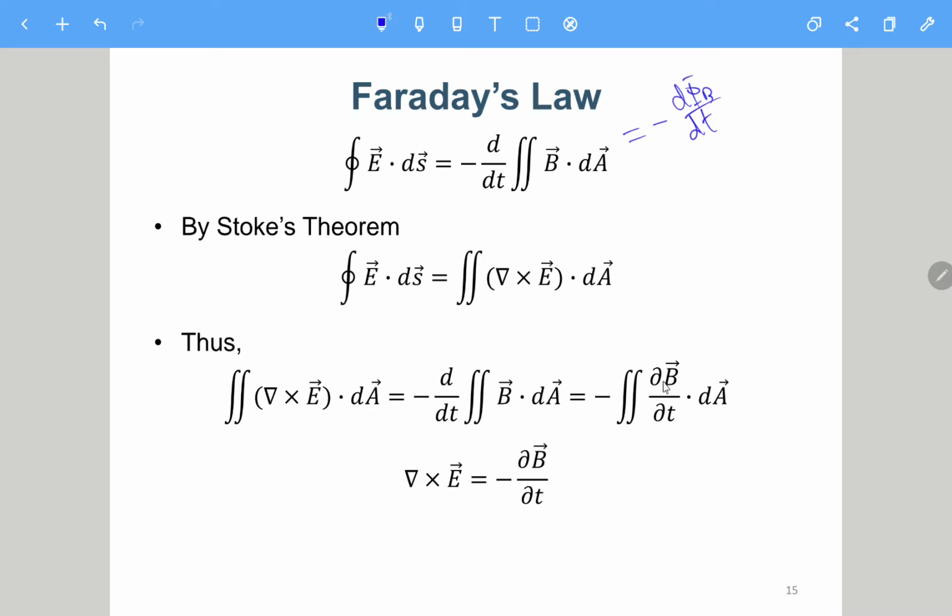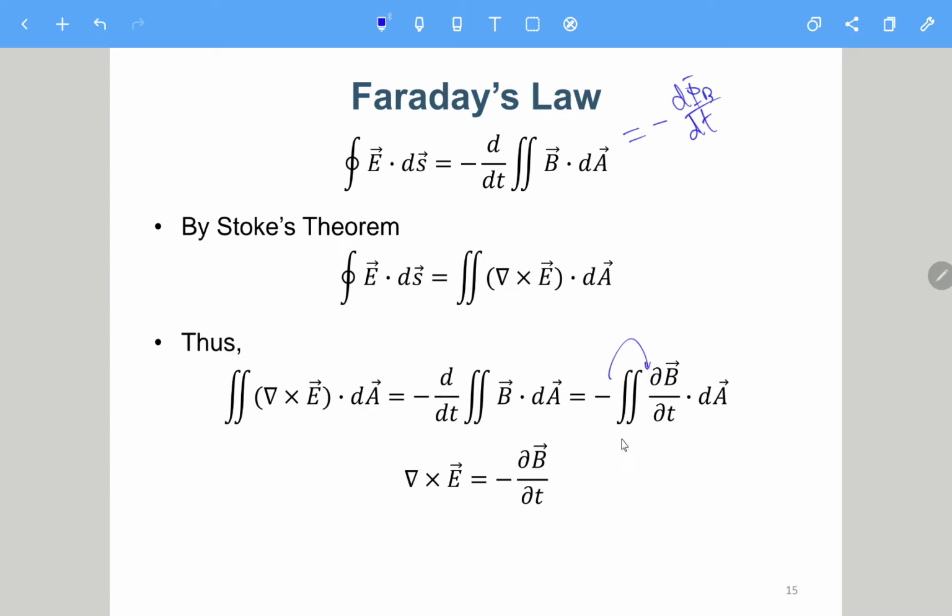Okay, after making this step, we can make a similar argument that this double integral and this double integral are actually the same, or maybe also you can put this one inside.